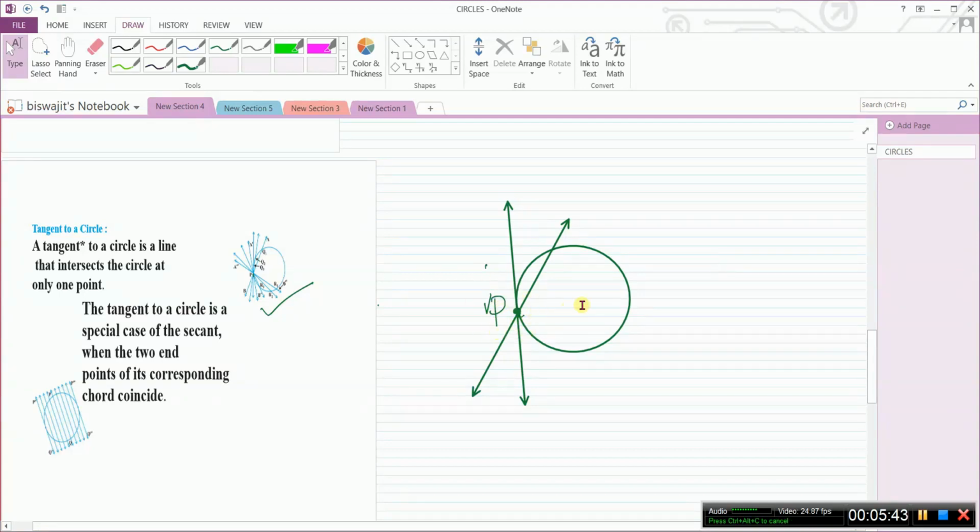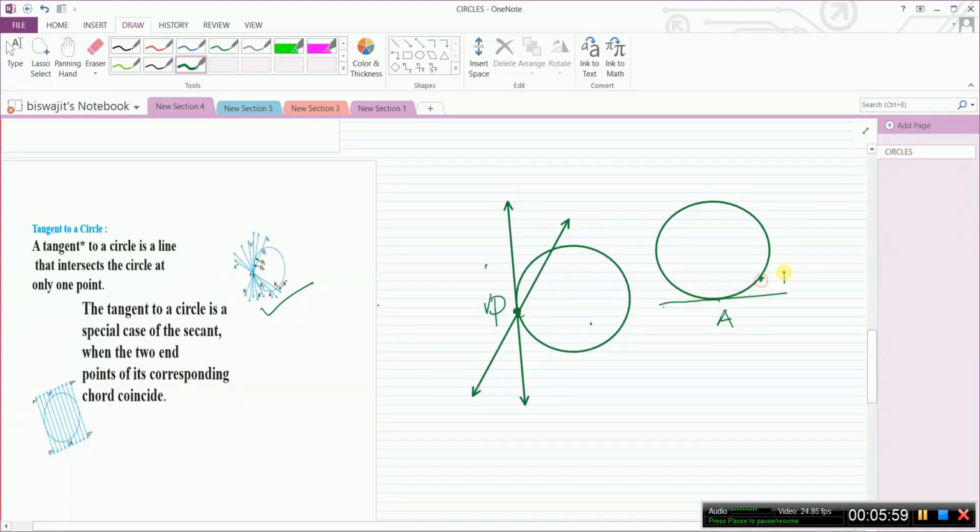Now in this circle there are so many points. Here is one point, if I say A, at this point A, only one tangent.